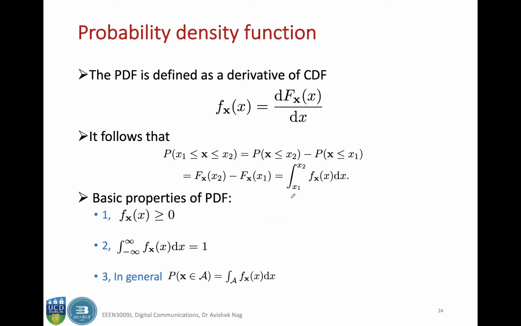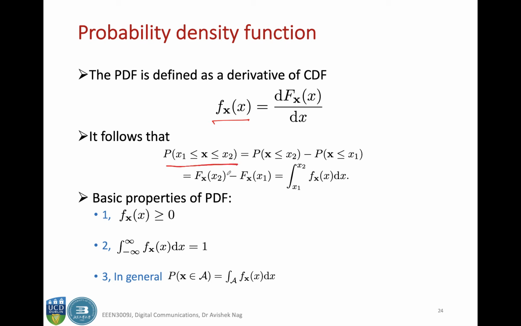So next is the concept of probability density function. This is nothing but the derivative of the CDF. So if you take the derivative of the CDF with respect to x, then you get the probability density function, which is denoted by small f of x.